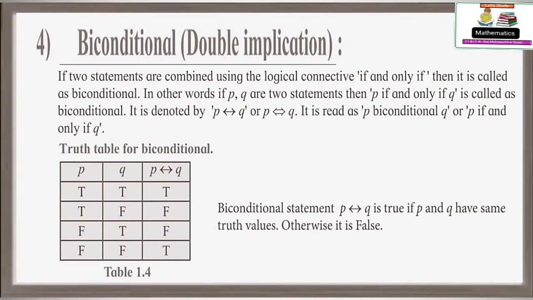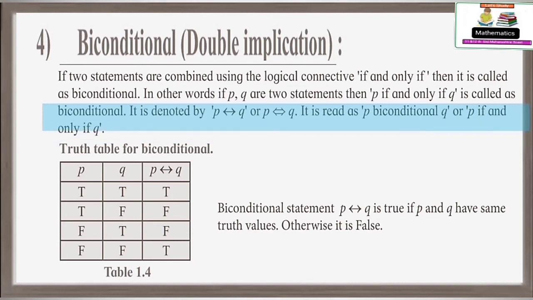Next, fourth is biconditional, or another word, double implication. If two statements are combined using the logical connective "if and only if", then it is called a biconditional. In other words, if P, Q are two statements, then P if and only if Q is called a biconditional.